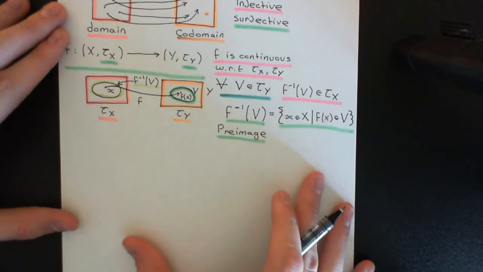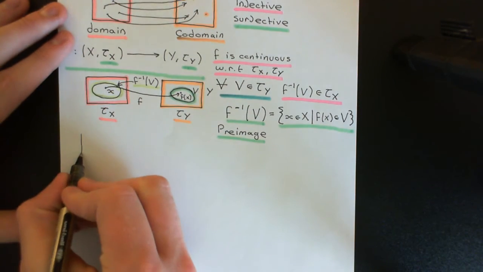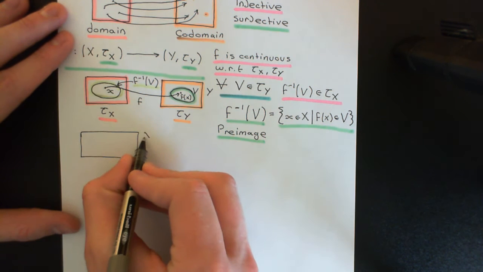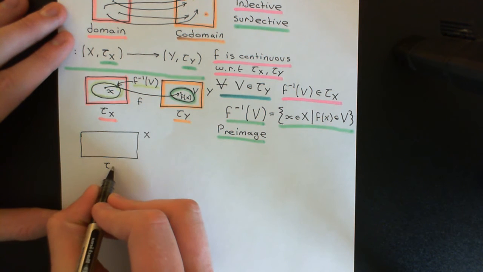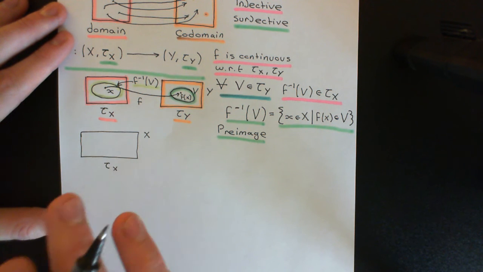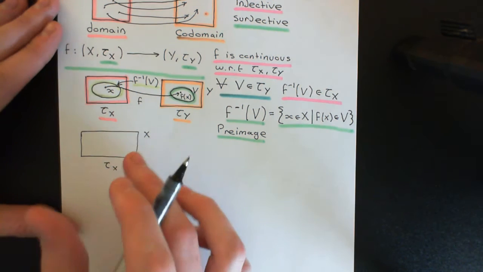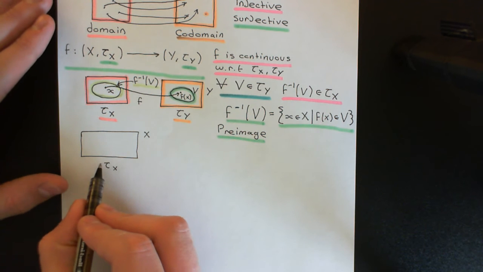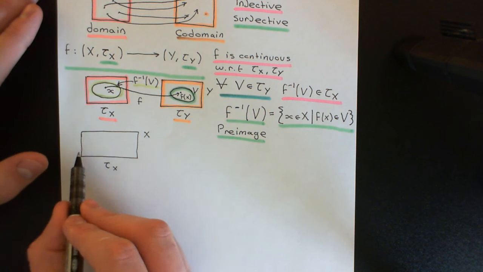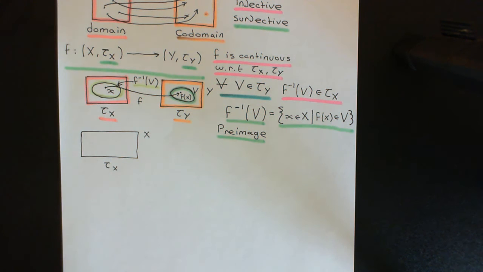And in fact, I think I'll draw out a fresh picture down here. Okay, so let's have our set capital X, which has this topology tau X on it. Okay, and informally, the intuition we can have is that we can use this topology tau X to define which elements of this set capital X are next to each other in the set.